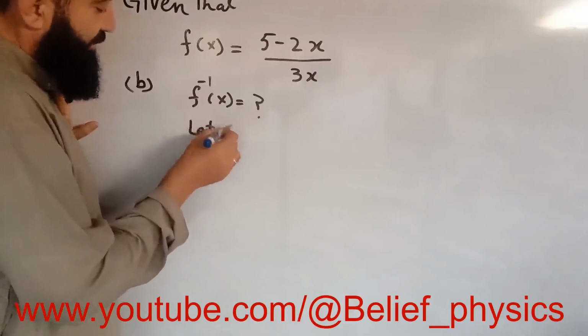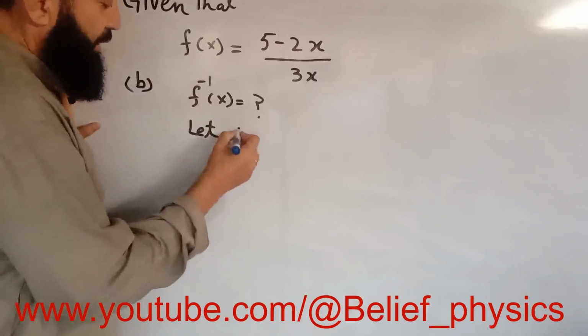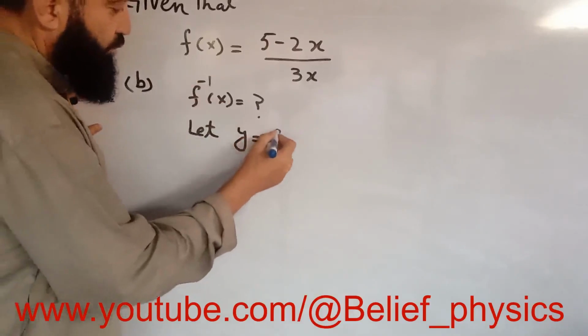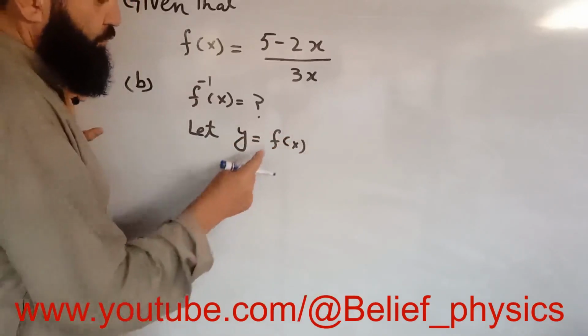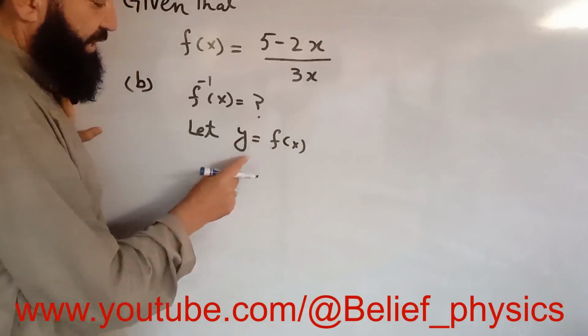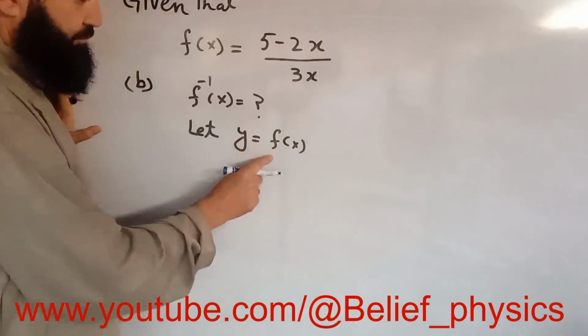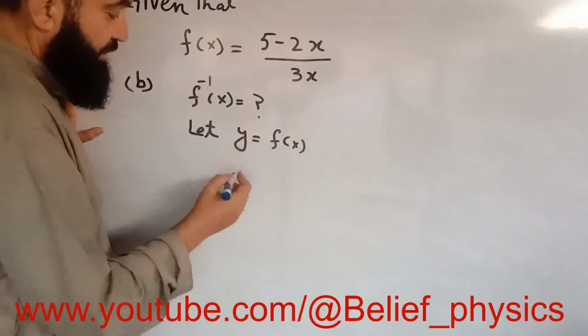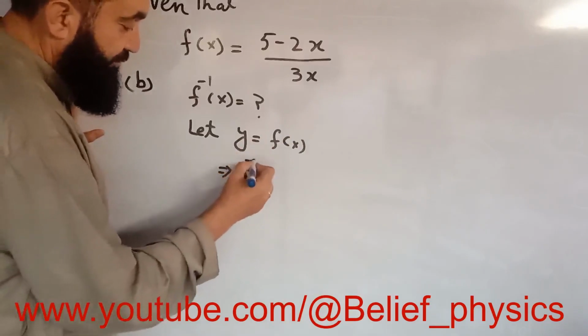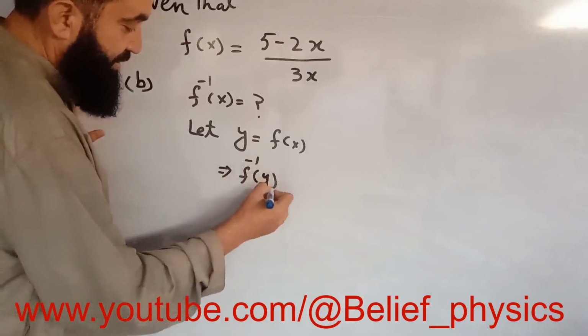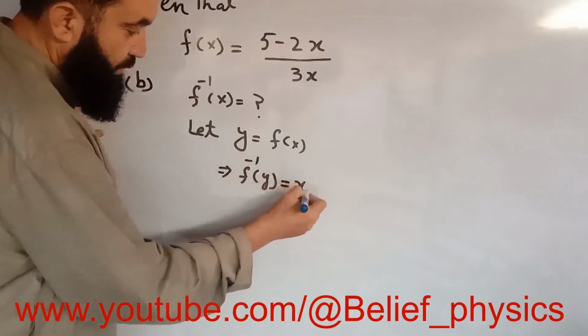Whenever we have to find f inverse of x, we will put let y is equal to f of x. So if we take x here, f here, this will become f inverse of y will be equal to x.